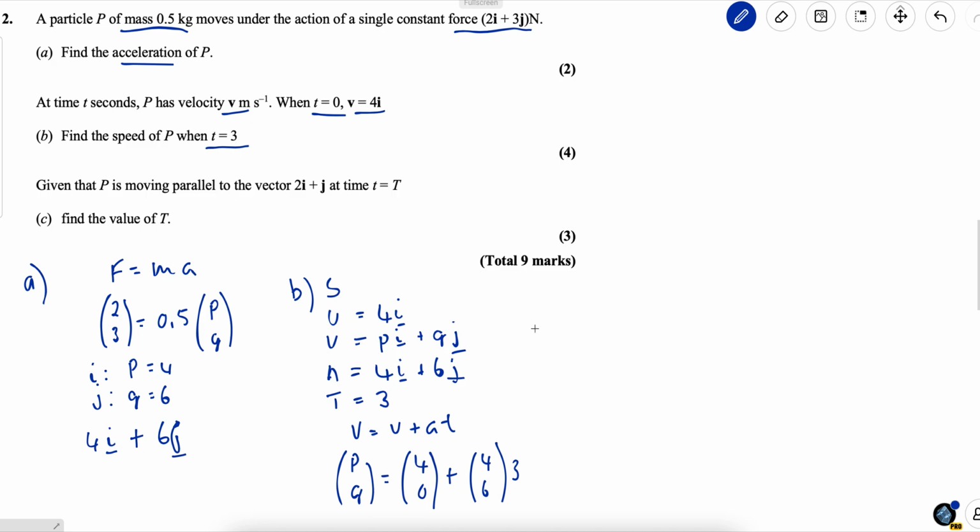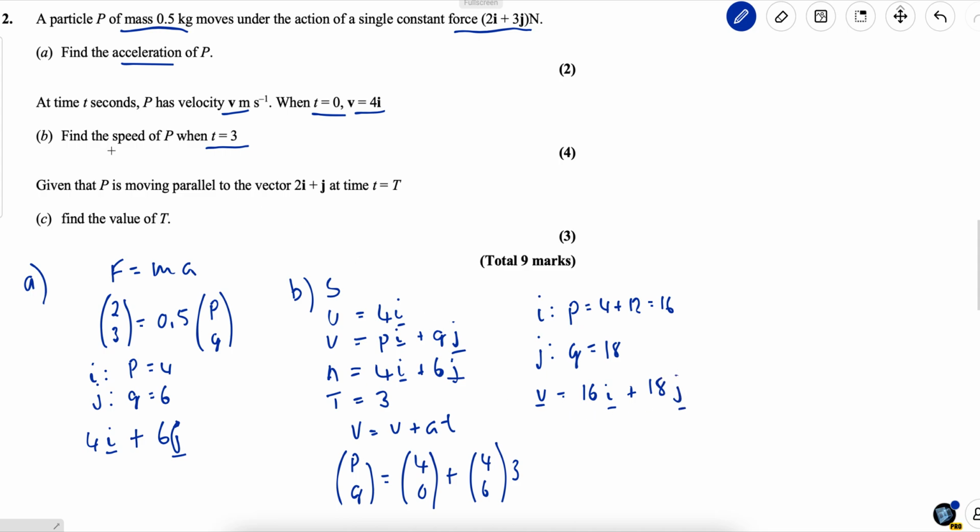So now making an equation for the i direction and the j direction. p equals 4 plus 12, which is 16. And q equals 0 plus 18, so q equals 18. So that means that the velocity is equal to 16i plus 18j.